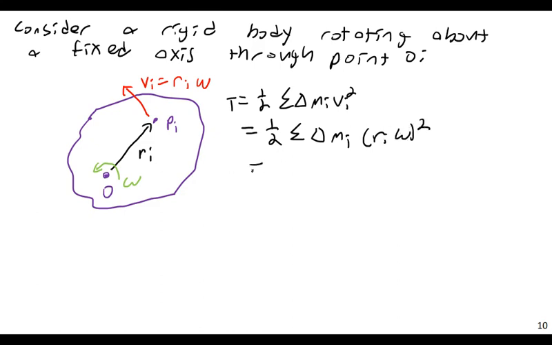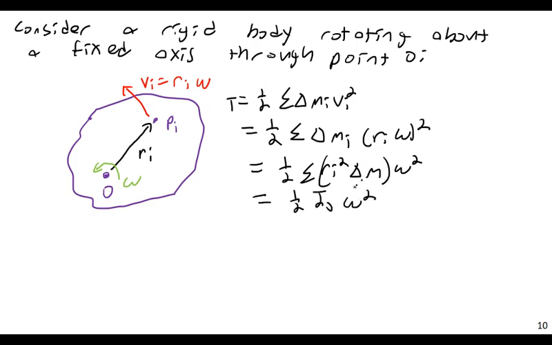Then if I distribute the square, I get 1/2 times the summation of Ri squared delta m times omega squared. If I group this together, I know that Ri squared delta m, I've seen that before, that's moment of inertia. So this is just 1/2 times the moment of inertia about O times omega squared.